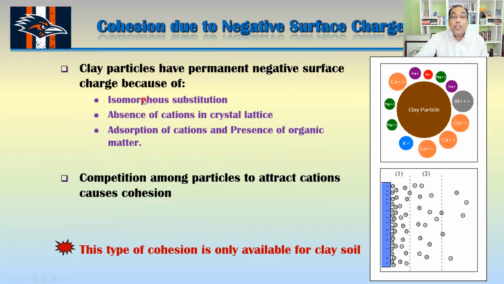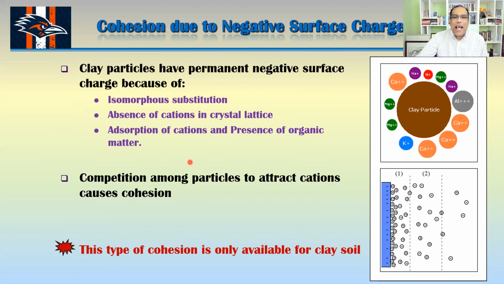Because of isomorphous substitution, absence of cations in the crystal lattice, absorption of cations, and presence of organic matter. So that's basically the reason why they are negatively charged. Actually, all clay particles are negatively charged. Some are more highly charged, like montmorillonite clay, which has the highest surface charge compared to kaolinite or illite.